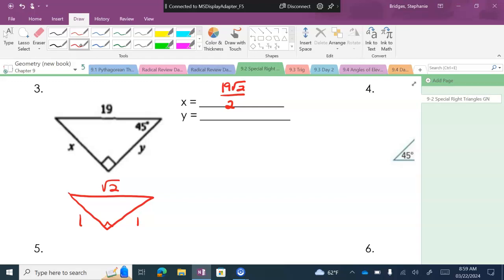What was written in our box said that the legs of a 45, 45, 90 are always congruent, right? And the legs are always the two sides that form your right angle. So if you start to see it, you'll recognize if I can find one leg, then I automatically know what the other leg is. If not, you can always set your proportions up and solve.